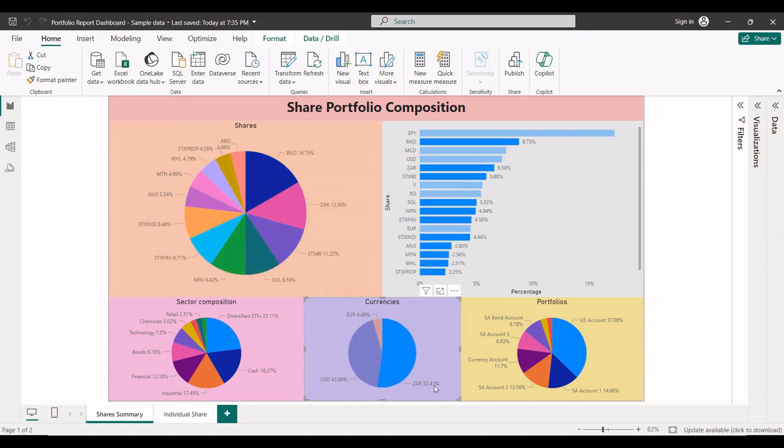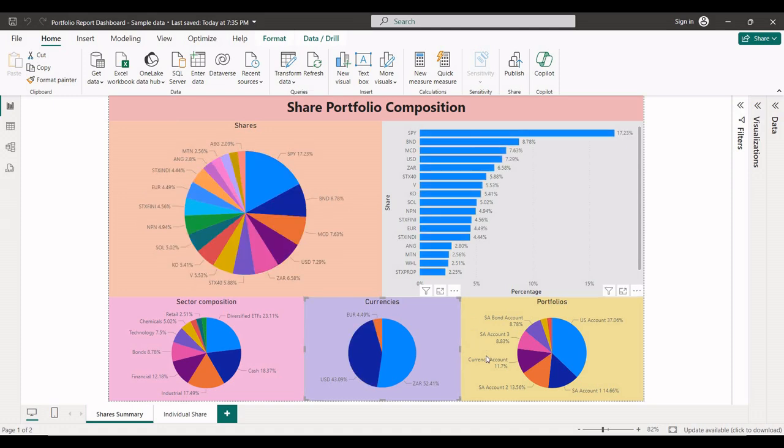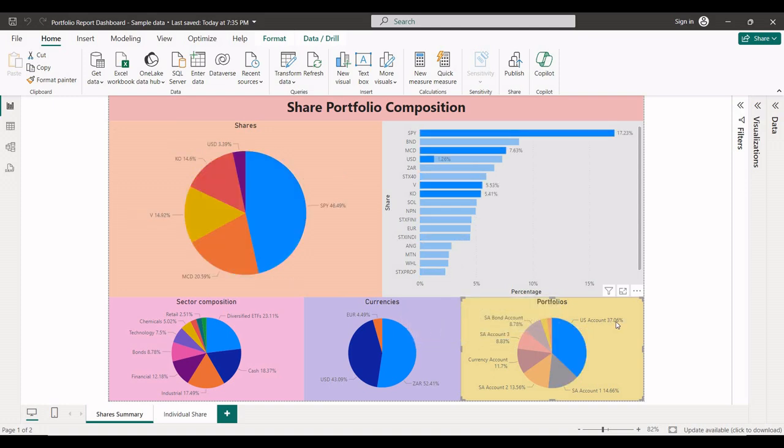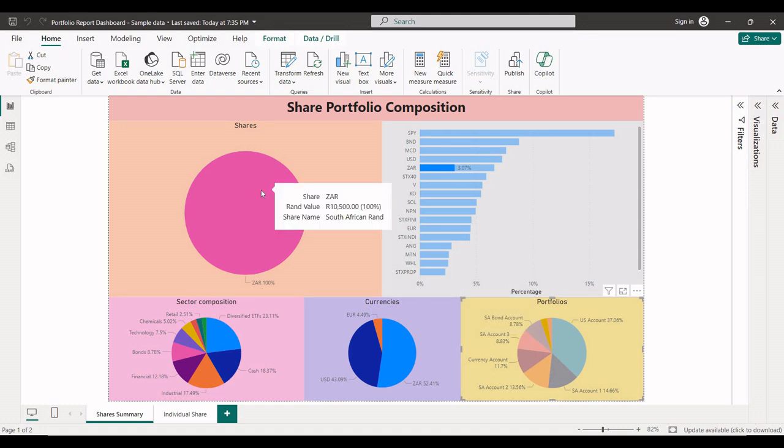These are our ZAR or Rand denominated assets. And so too we can narrow down to the account level. So SA account 1 then looks like this. And for instance, again, US account 1, as well as the C savings account, which is just 100% ZAR.